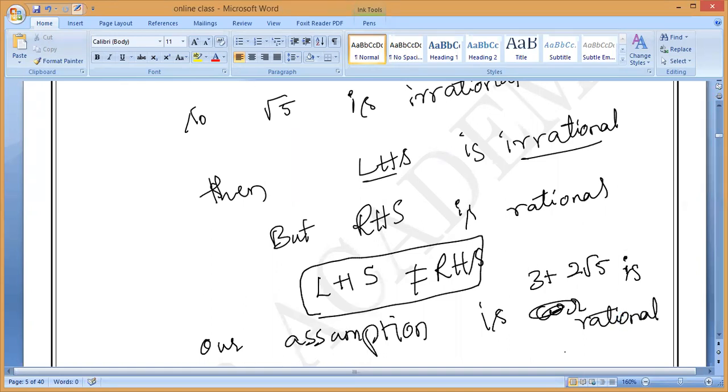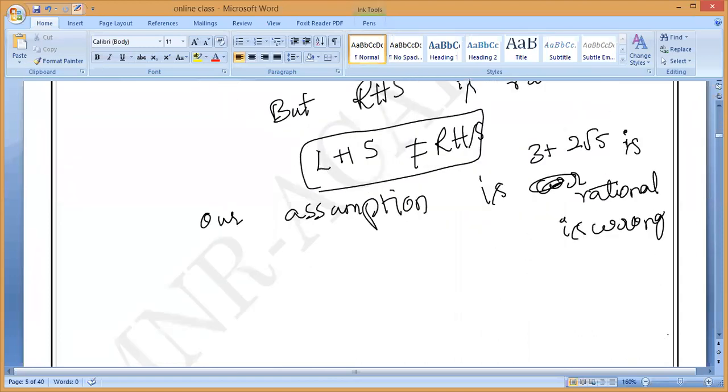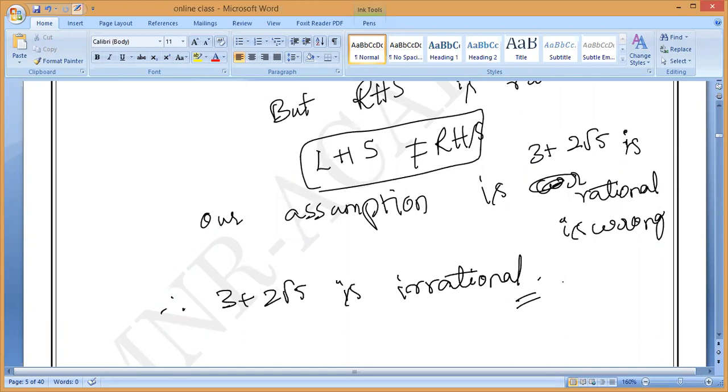Rational's opposite is irrational, correct? So therefore 3 plus 2 root 5 is irrational. Hence proved. That's all. Do you understand this one?